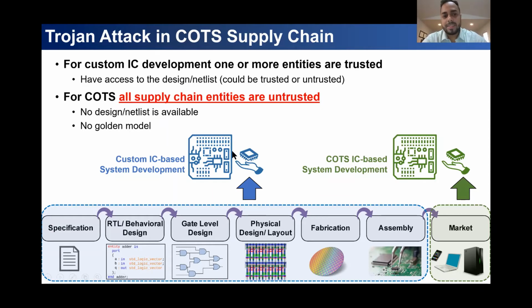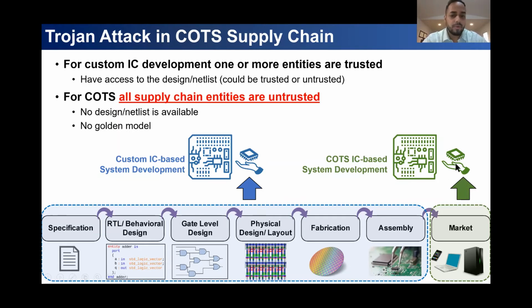For custom IC-based systems, there are some techniques for detecting hardware Trojans or any type of malicious circuits. But if you think about COTS ICs, as a consumer you are buying it from the market, and you do not really have a way to verify the trustworthiness.